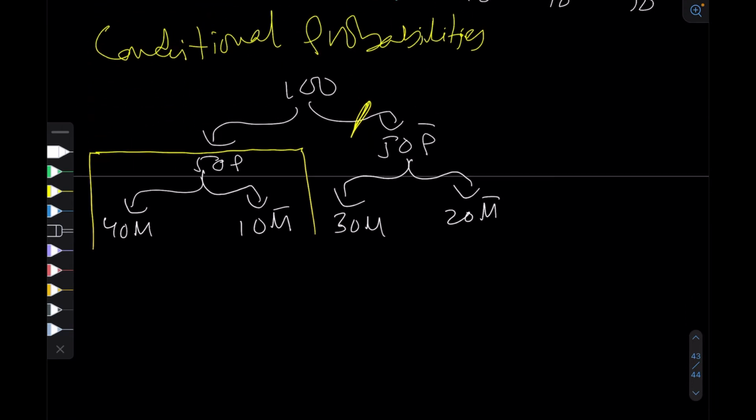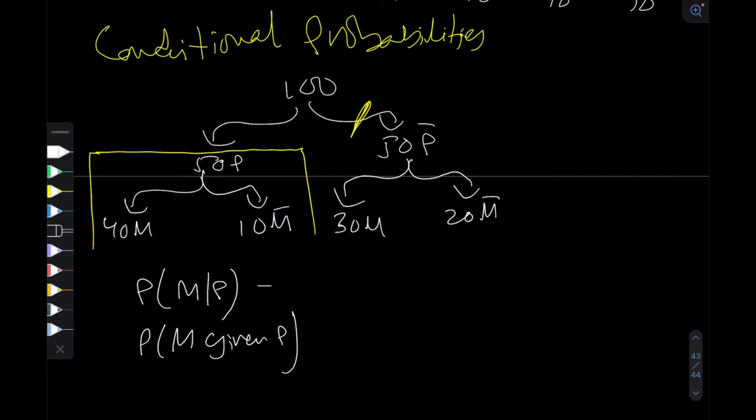So this is something that is called conditional probabilities, and this whole situation can be summed up by the notation probability of math given physics. Right, this is math given physics. So in conditional probabilities, what we do is that, look, I have given you the knowledge that the person already has physics, right?